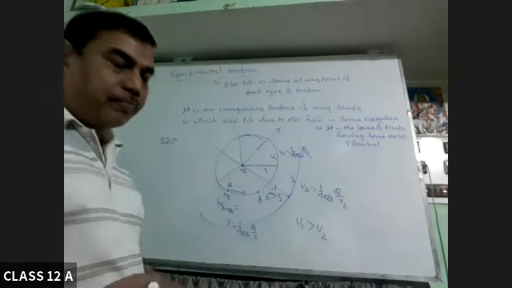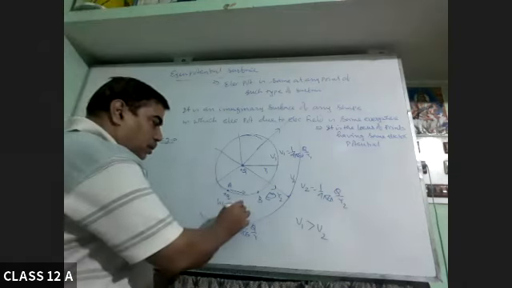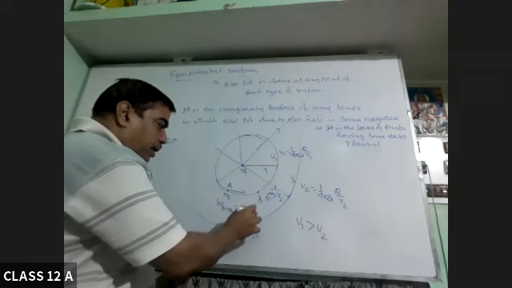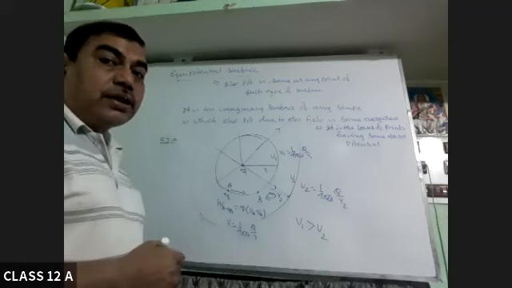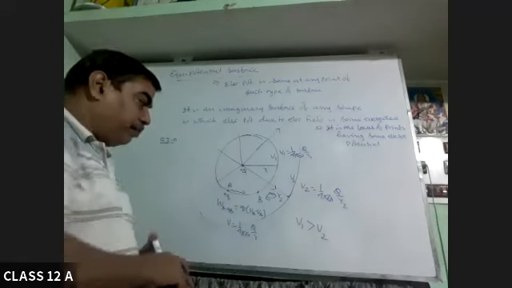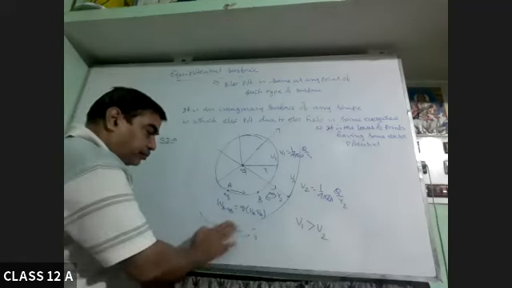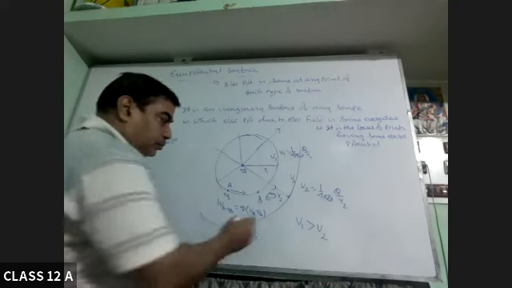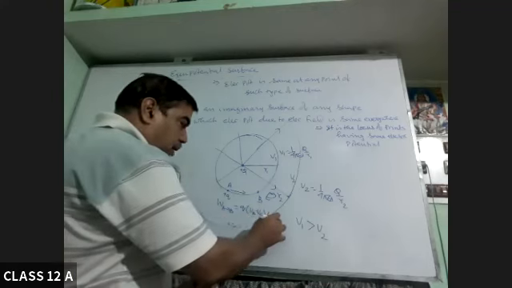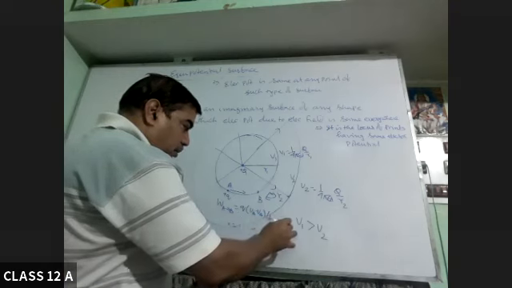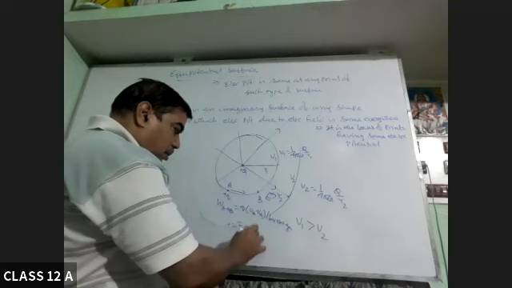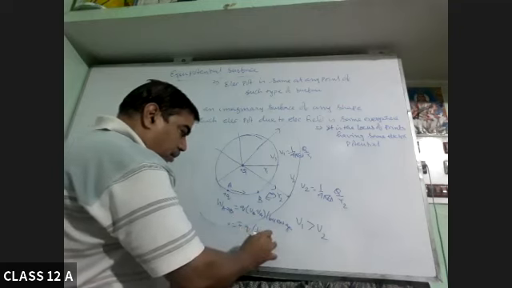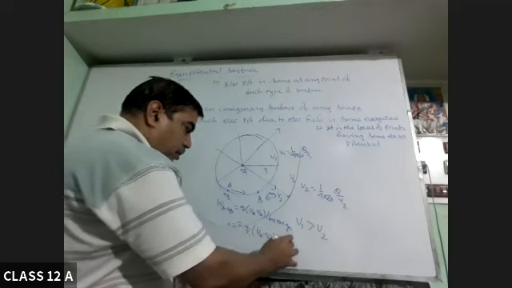It is Q (VB minus VA) in the case of an external agent. In the case of the electric field, Q (VA minus VB).